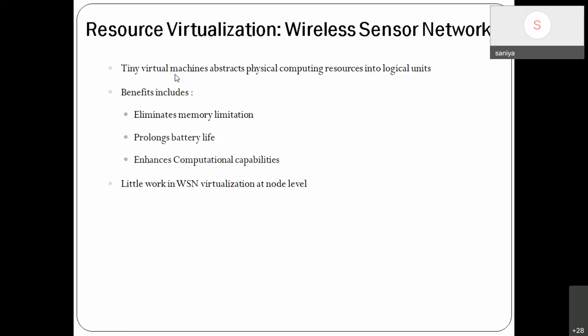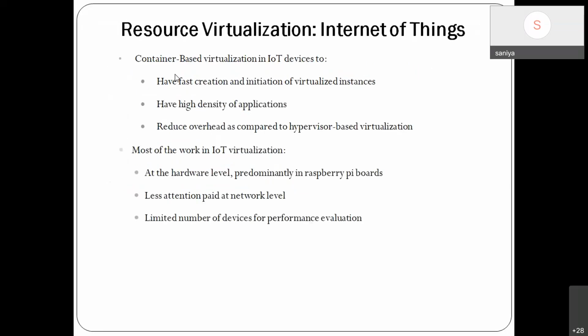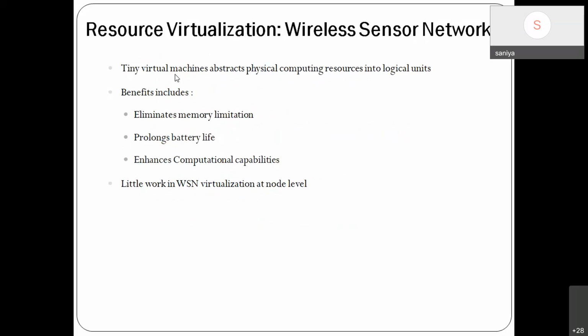But we have seen that there is limited work in WSN virtualization at the node level. Earlier, for IoT, we had some work at the node level but limited work at the network level. Here we have the reverse.